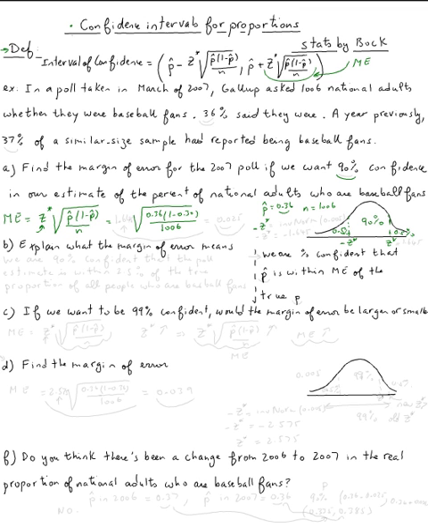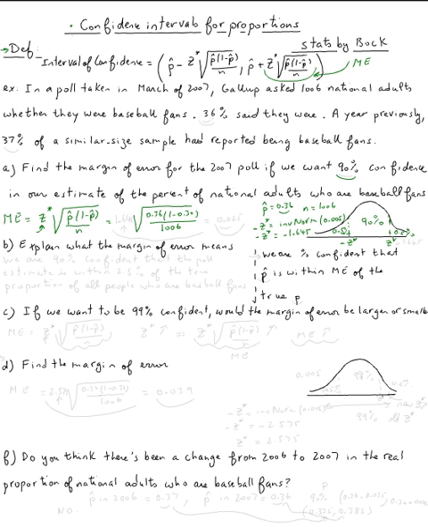Minus z star is equal to inverse norm, use a calculator, of 0.005. Right, 0.5%, move 2 decimals, yes. So minus z star, if you use your calculator, you're supposed to get minus 1.645.